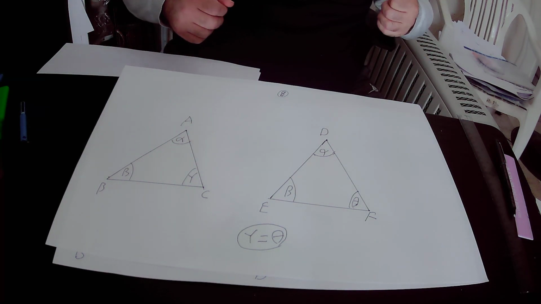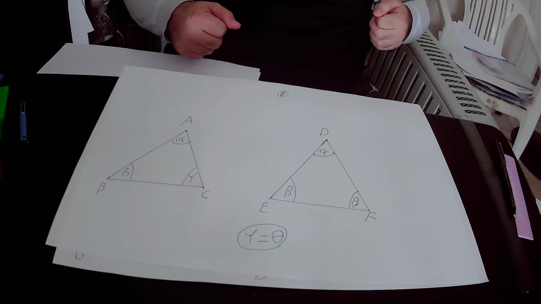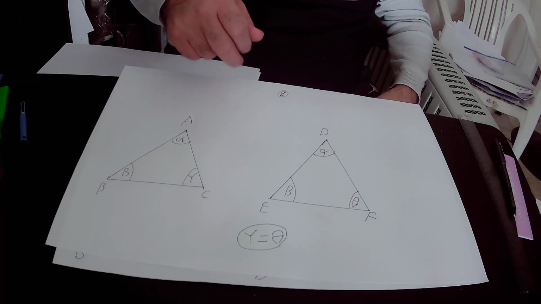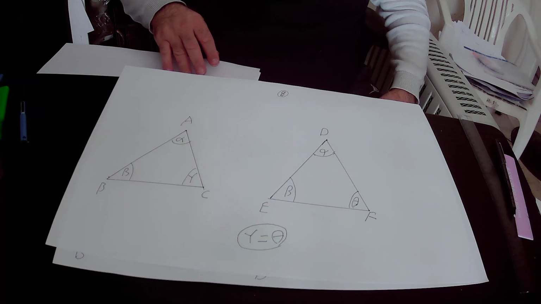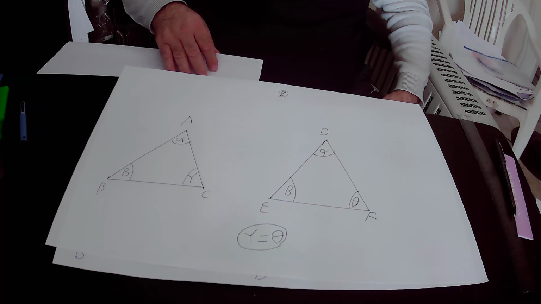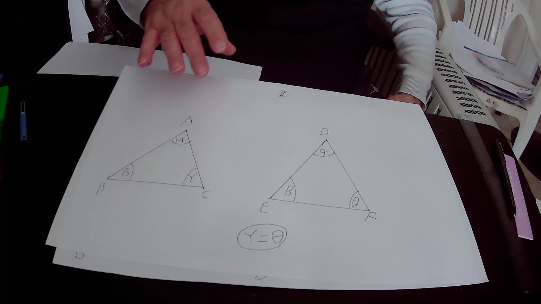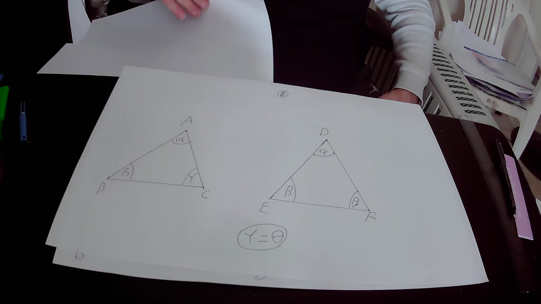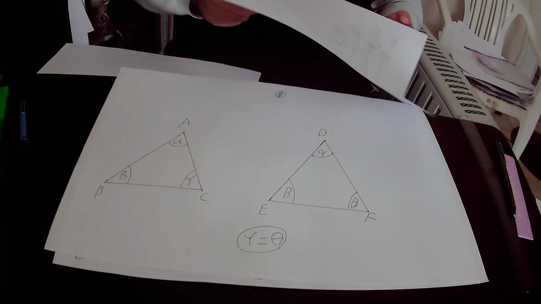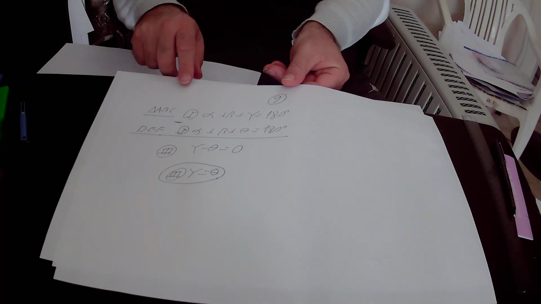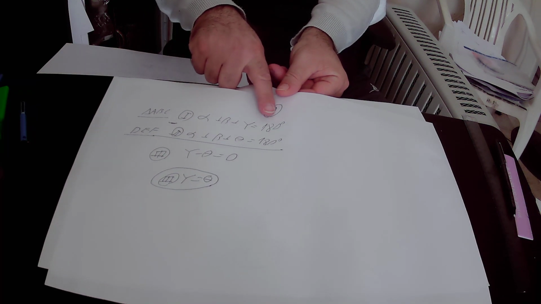And I will actually prove that the third angle theorem is true. That is to say, I prove that angle gamma equals angle theta. How? I rely on the rule that states that the sum of the angles in any triangle equals 180 degrees. Especially in triangle ABC, the sum of its angles equals 180 degrees. That is to say, alpha plus beta plus gamma equals 180 degrees.